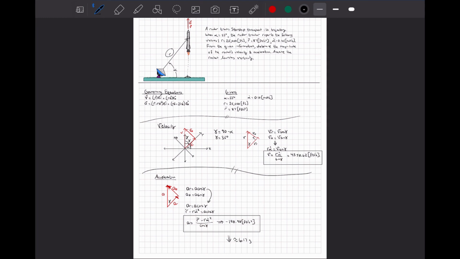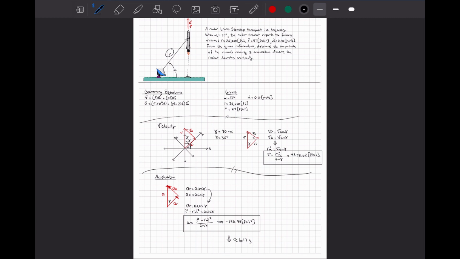So is that value correct? I don't entirely know. Like I said, I just threw in values. But if you're the engineer behind this project and you calculate that that's your acceleration, maybe you might question, okay, is the angular velocity of our radar correct?